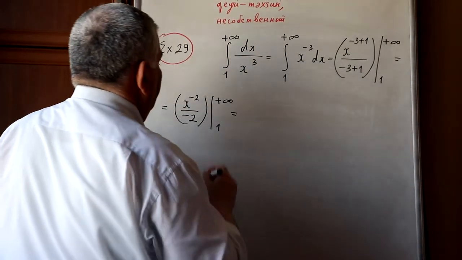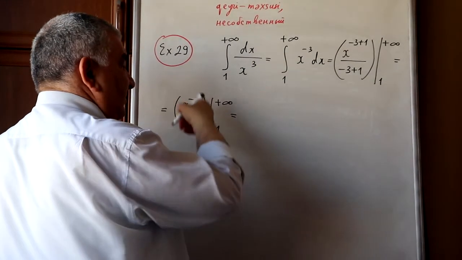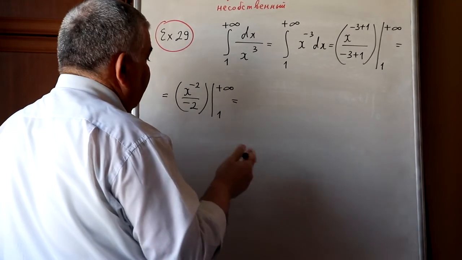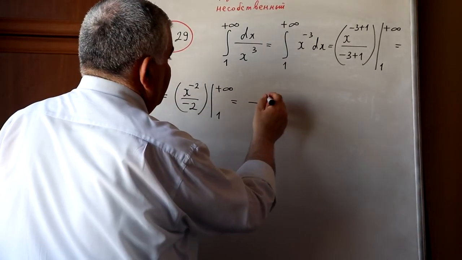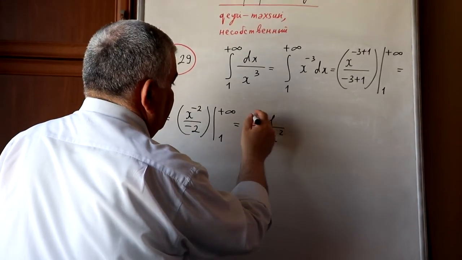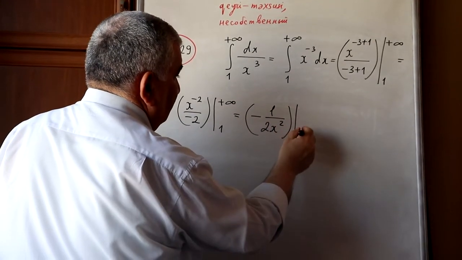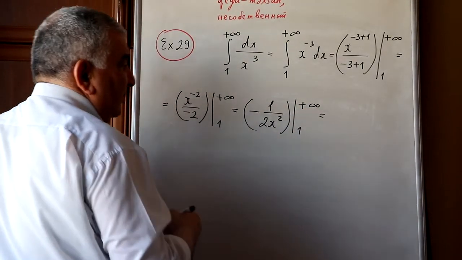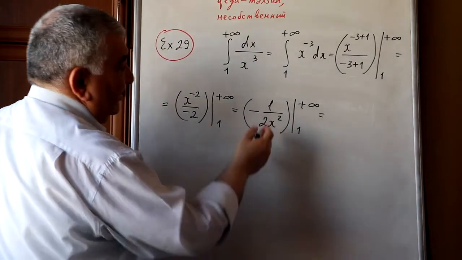Then rewrite the expression in parentheses in the natural form. It is minus 1 over 2x squared from 1 to plus infinity. First substitute plus infinity instead of x, and then substitute 1 instead of x.